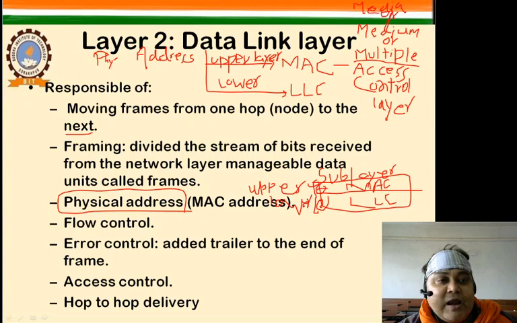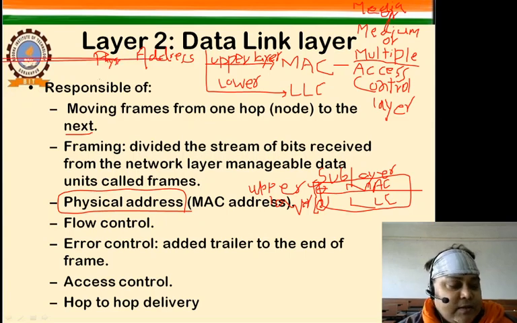Because there are so many nodes or communicating devices involved and they are sharing data on the same link.